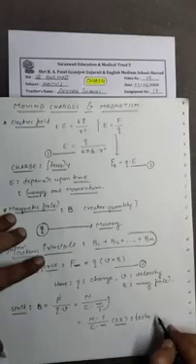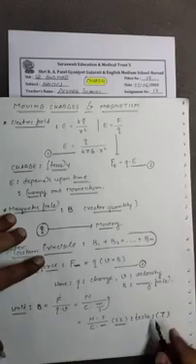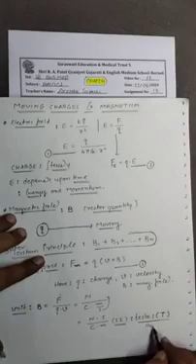It is the name of a scientist, but if you want to write in symbolic form, then you have to put T. That is Tesla.